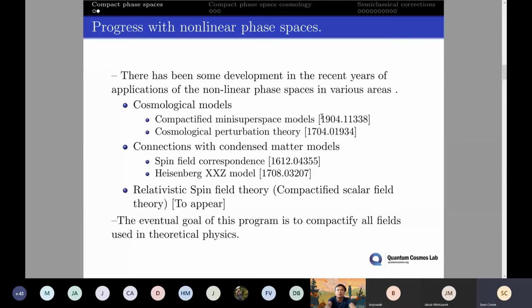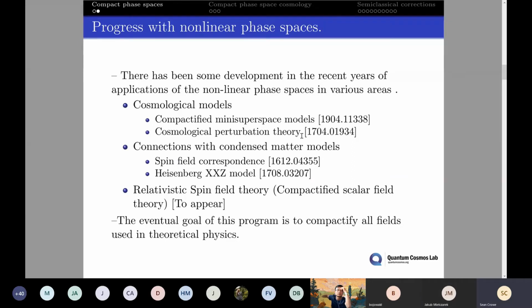I have a question. Why was the perturbation theory done earlier than this minisuperspace model? It should be the other way around. Oh, yeah. To tell the truth, I'm not sure about the history. But I think initially there was more of an eye towards condensed matter experiments, and that's closer to field theory. So that's probably why cosmological perturbation theory was explored first.